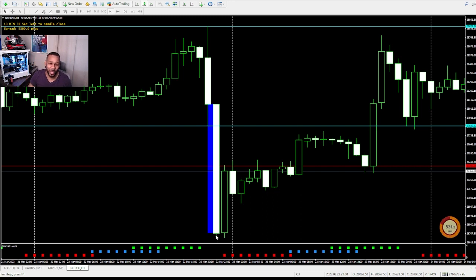Because you have the small wick on the bottom, but you have no wick at the top. So you end up with a hammer pattern. It doesn't look like most hammers because it has a big mallet on it, but it is a hammer by definition. It is a hammer.